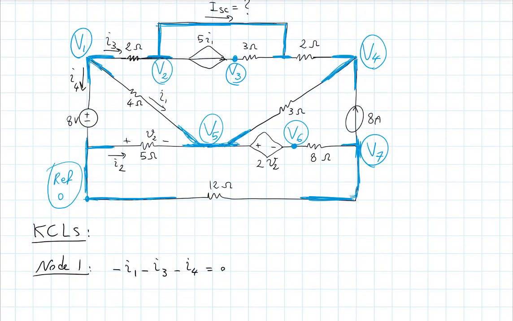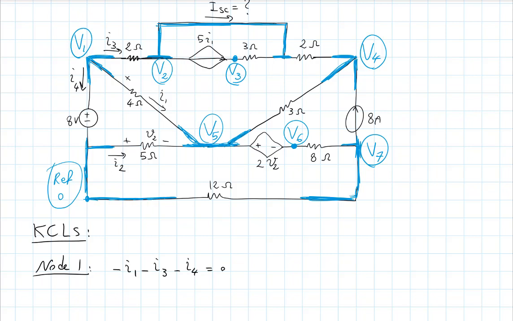Now, I have to do the same thing for all the other nodes and then try to relate these currents through element relationships to node voltages. And because we have already done a couple of examples of these, I want to go a little faster. And so I want to do it directly here. If I look at current I1, in order to relate it to a voltage, I have to define a voltage.